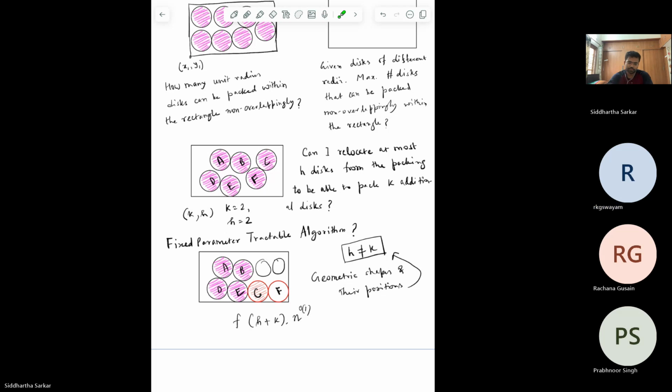Then I divide this rectangle into multiple grids, and by using those grids, I can determine the location of the new disk.